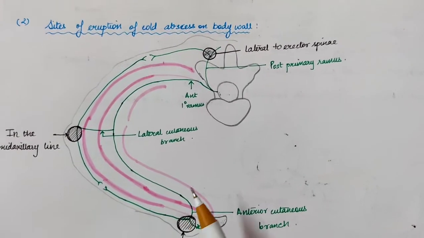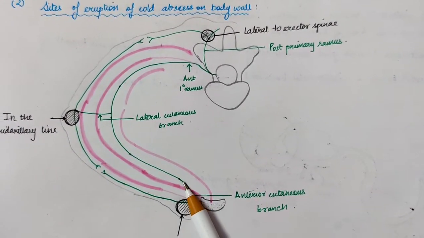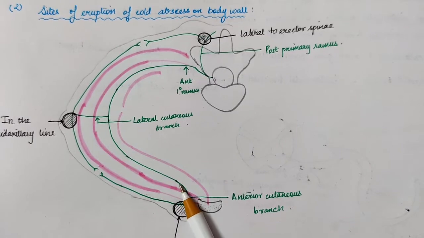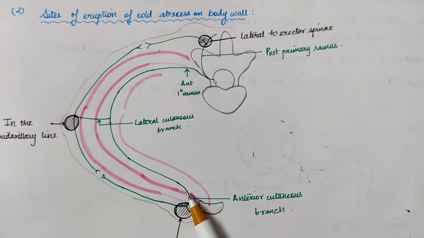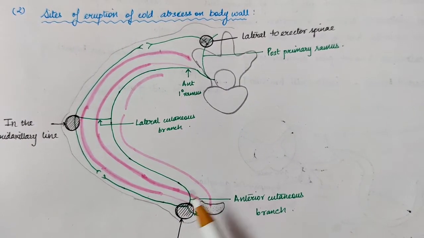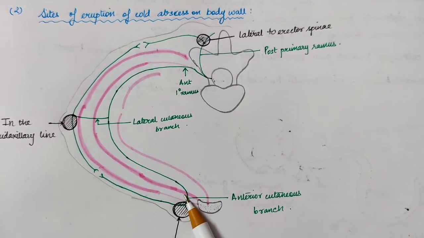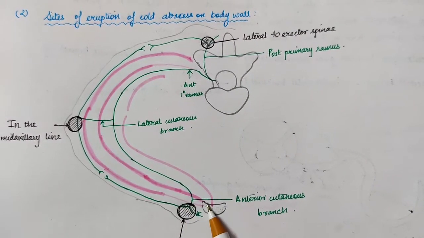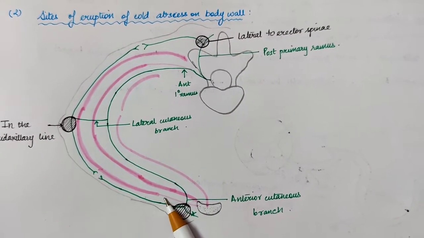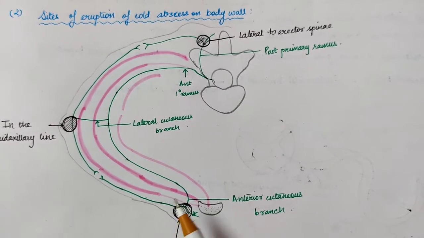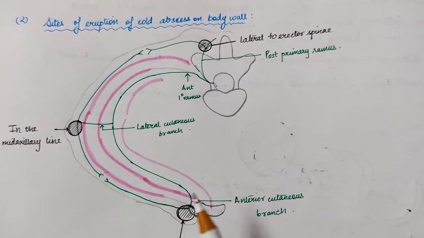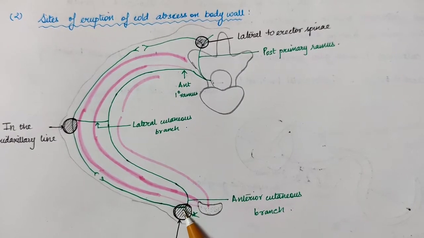Next, this part turns here. This is the anterior cutaneous branch. We can see that it pierces the internal intercostal muscles, then the anterior or external intercostal membrane, and comes down here.